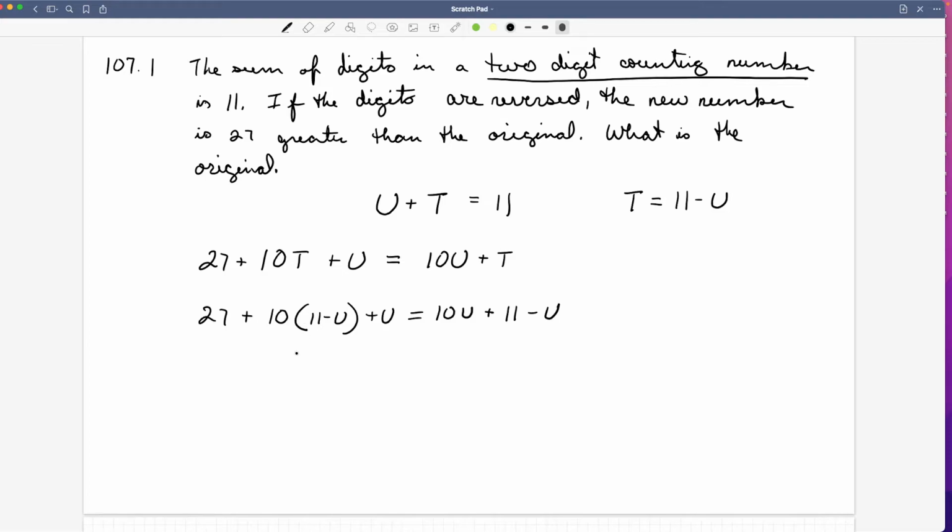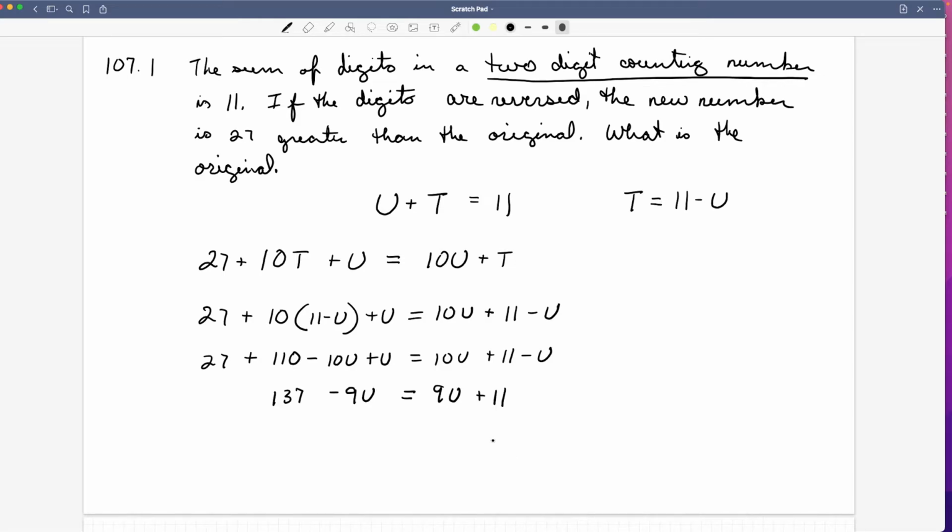So we are going to now multiply: 27 plus 110 minus 10u plus u is equal to 10u plus 11 minus u. So let's combine like terms. This is going to be 137 minus 9u is equal to 9u plus 11.